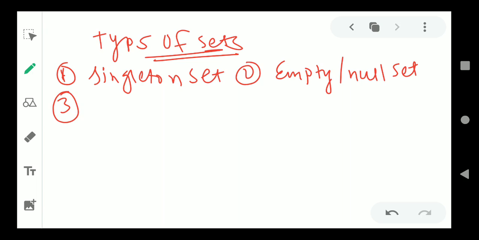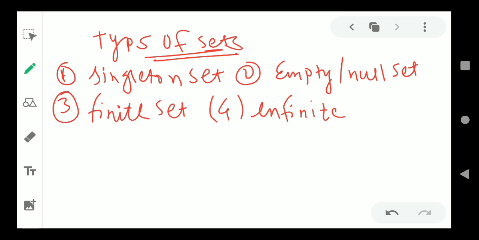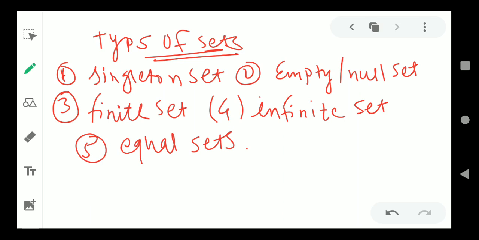Third one is finite set, and fourth is infinite set. Again, a special type of set we will discuss here is equal sets. Let's start explaining one by one.